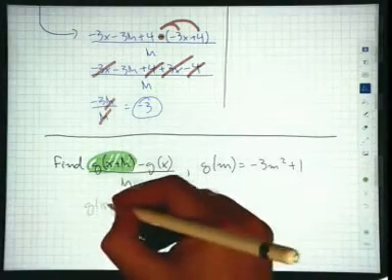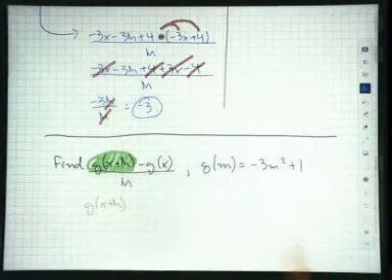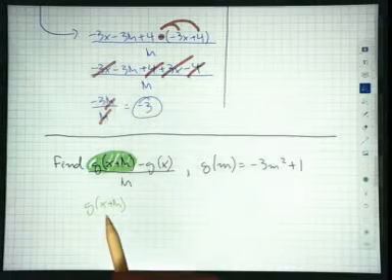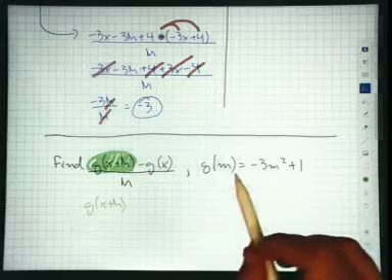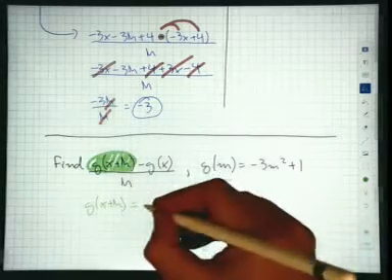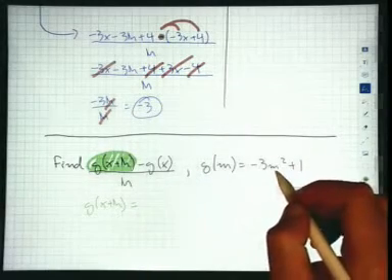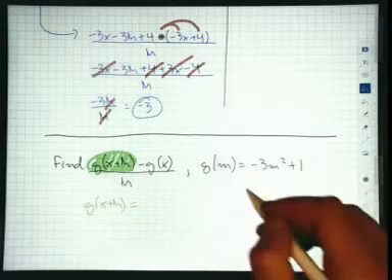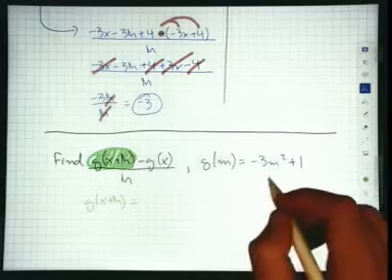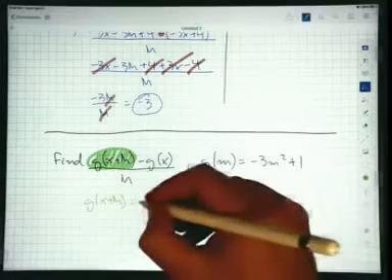So g at x plus h literally means to plug in x plus h in for all the m's in g of m. Yes, we can plug in different variables. Even though this is defined as g of m, I could plug in an x if I wanted to. It's just telling me what to plug in.